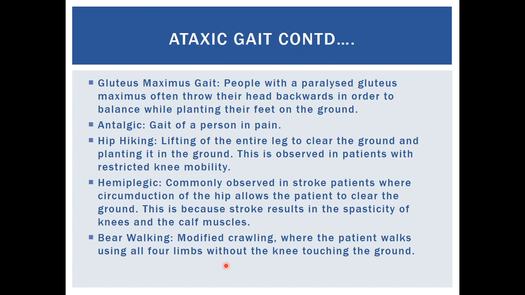And then you have the antalgic gait, the gait of a person in pain, because imagine anyone who's had an ankle sprain, or a knee problem, a cruciate ligament problem or something. Every time you plant your foot firmly on the ground, you're going to experience pain.